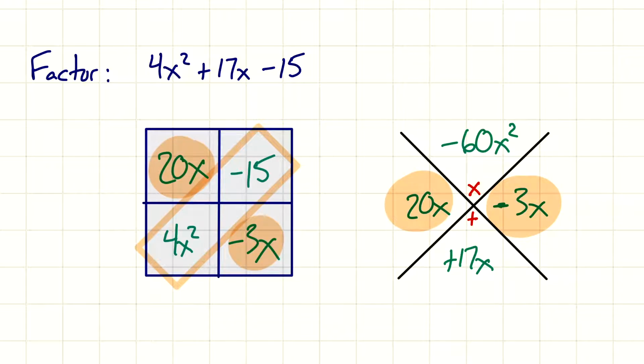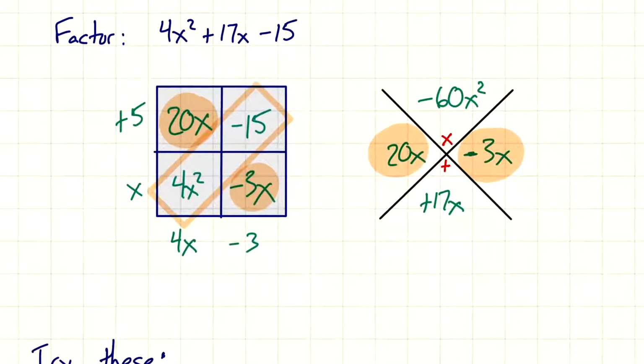And then I can work on the outside. So the common factor in that column is 4x, which would make this one x. And negative 3 goes into negative 3 and 15, which then makes this other one at the top left positive 5.